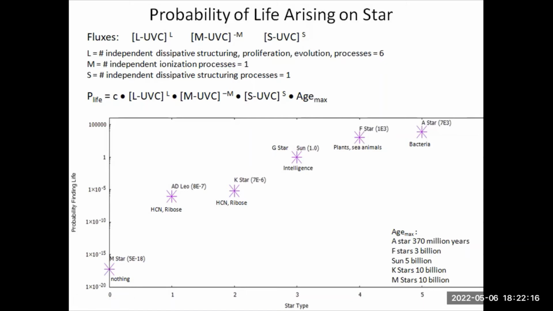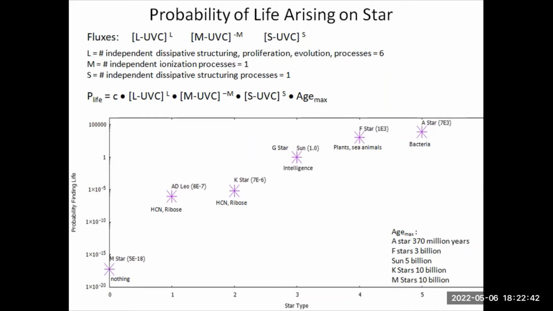To calculate the probability, we know that long wavelength UVC light is good. So we could raise this intensity to a certain power L, which could be equal to the number of independent dissipative structuring, proliferation, or evolution processes. And in fact, there are six. So we take that to the power of 6.